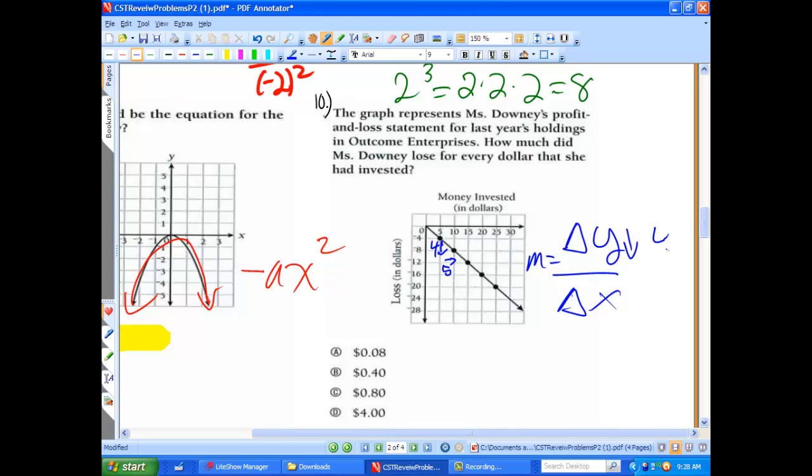So we did down 4 over 5. Since all our answer choices are dollar amounts, we're going to turn this ratio into a decimal. You're just going to divide 5 into 4. Remember, the top number goes inside. If we do that, we should get 80 cents. So our answer is C. So our change is 80 cents.